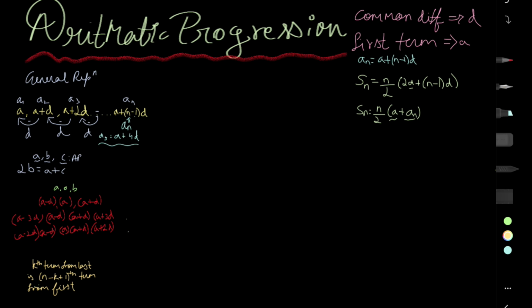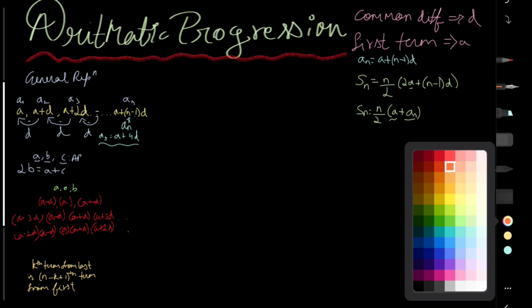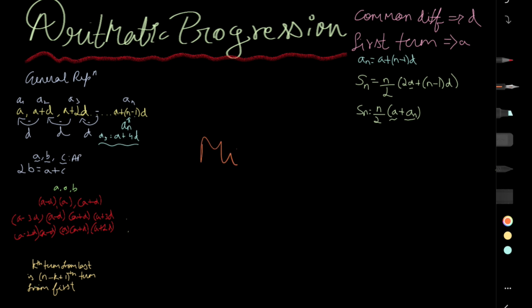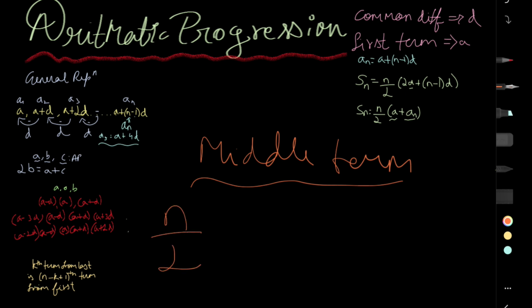Right. If I want to find a middle term of an AP, it will depend on whether the number of terms is even or odd. Let me take n by 2, n plus 1 by 2, and n plus 2 by 2.